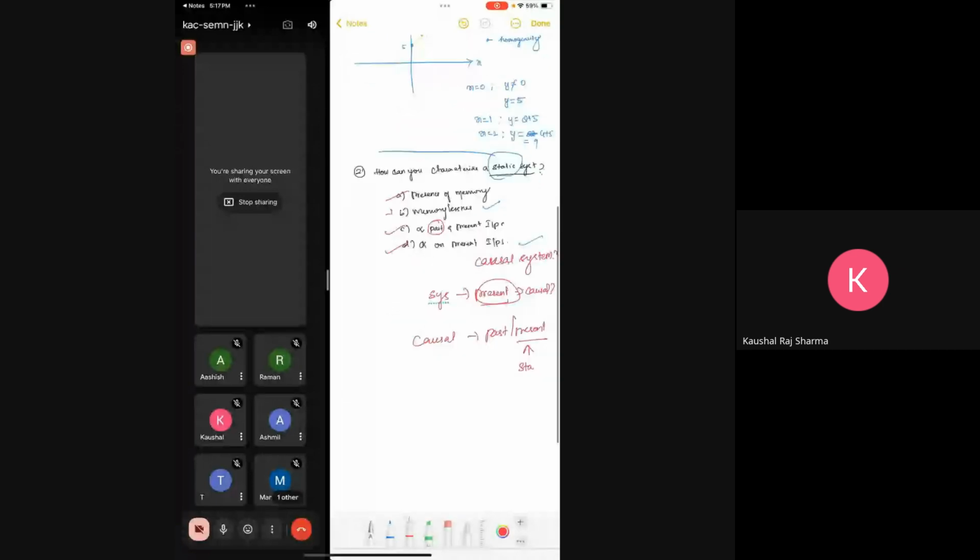So a system depends only on the past and the present. Static will depend on only the present. If it depends only on present, then it becomes static. It's like causal and static, if it has to be inside a Venn diagram.